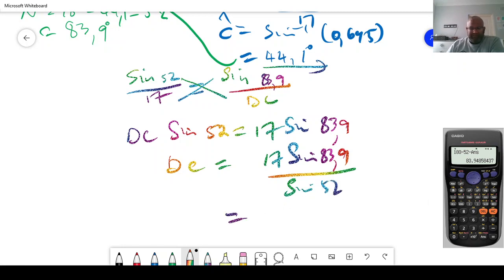Okay, so let's put that in our calculator. Remember, 83,9 is the answer. So it's going to be 17 sine 83,9, close brackets, over sine 52. Okay, that gives me a length of 21,5 centimeters.